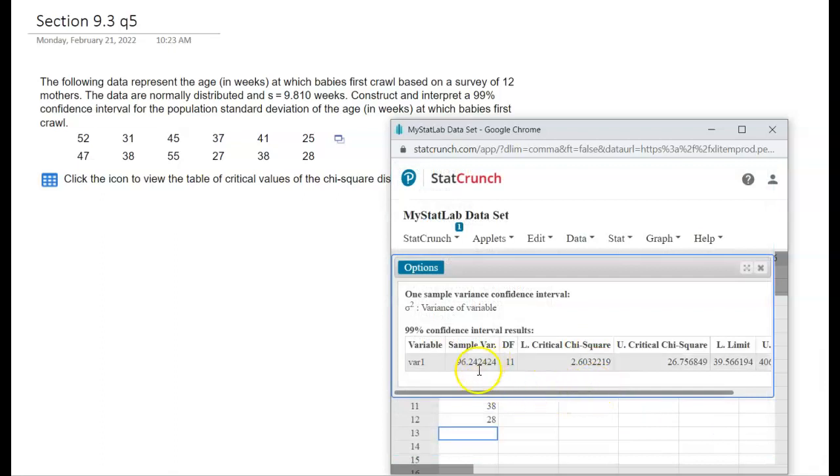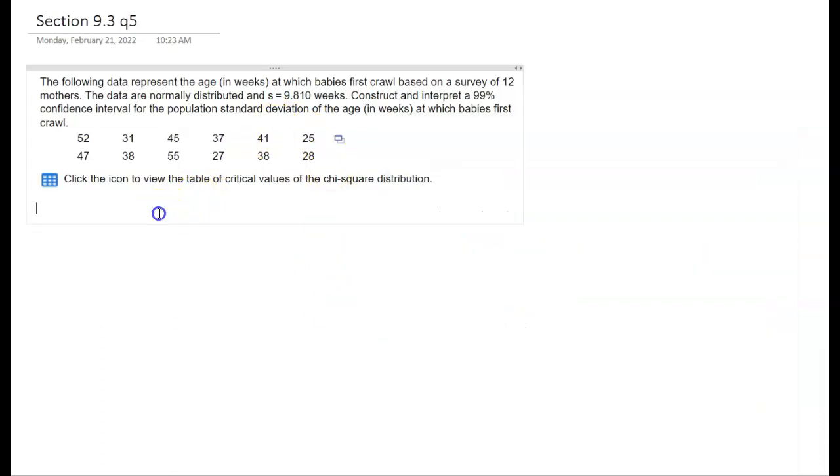All right, so all these values they're giving us are variance and not standard deviation. So it's important to remember how they're related to each other, and I'll just type it here to remind you that the variance is equal to the standard deviation squared.